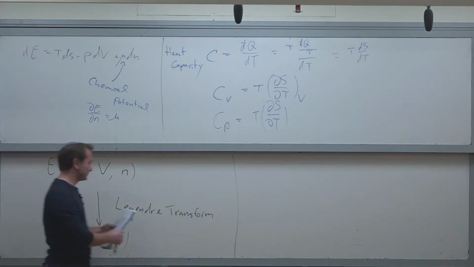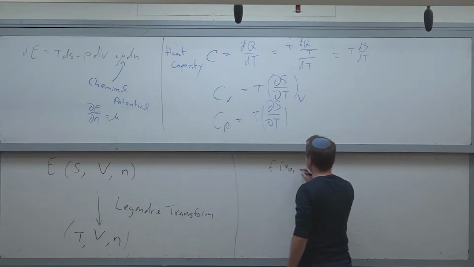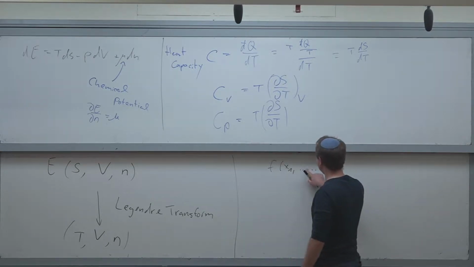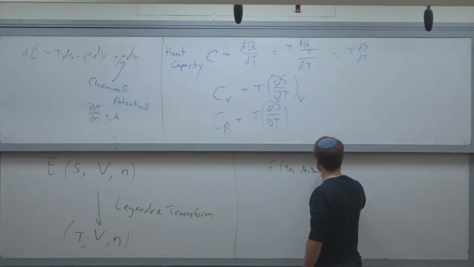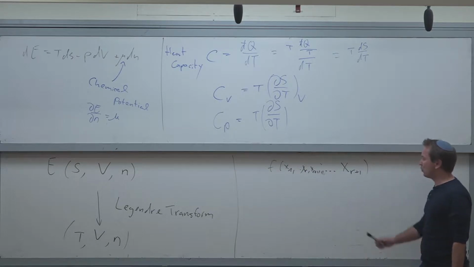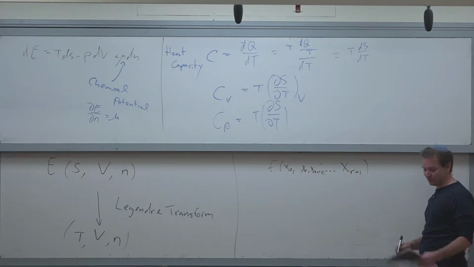the derivative of the function multiplied by the variables. I remind you again here, if f is a function of x1 through xn, we want the Legendre transform of the variables x(r+1) through xn, transforming only those variables to the derivatives of f with respect to these variables.